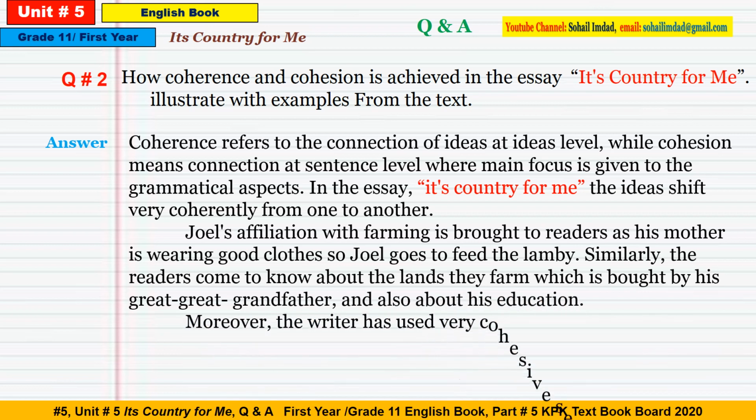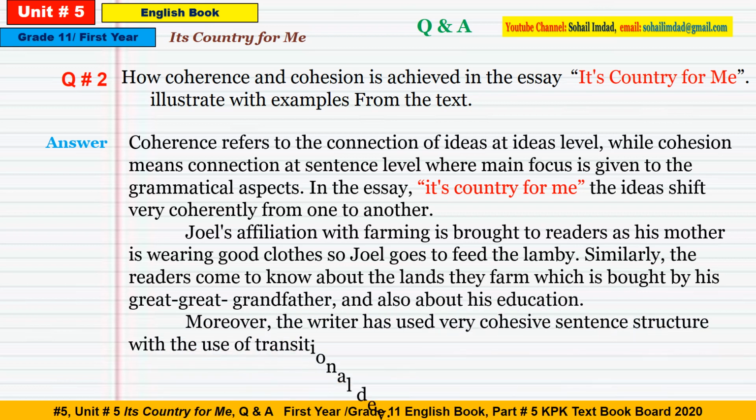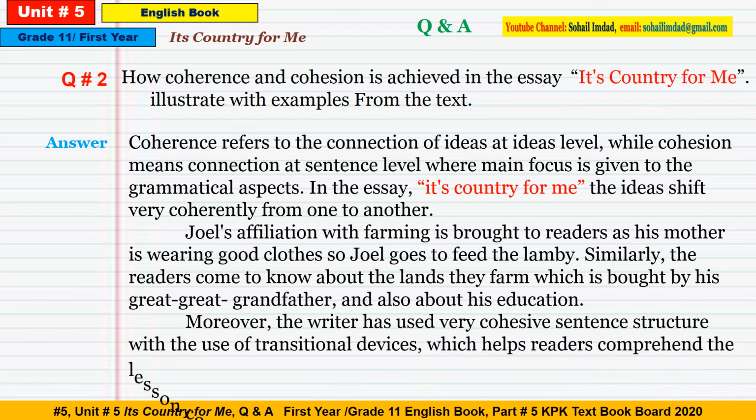In the essay It's Country for Me, the ideas shift very coherently from one to another. Joel's affiliation with farming is brought to readers, as his mother is wearing good clothes, so Joel goes to feed the Lamby.